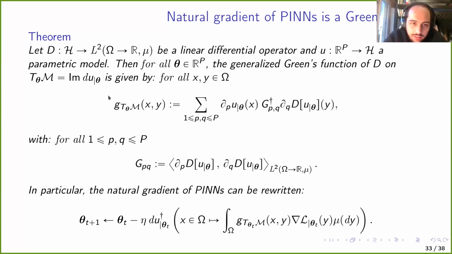We show that this function is the Green function of the operator on the tangent space. In particular, we can rewrite the natural gradient of PINNs as this update, which explicitly makes the Green function of the operator appear. It means that the natural gradient update is somehow optimal as an order one method.